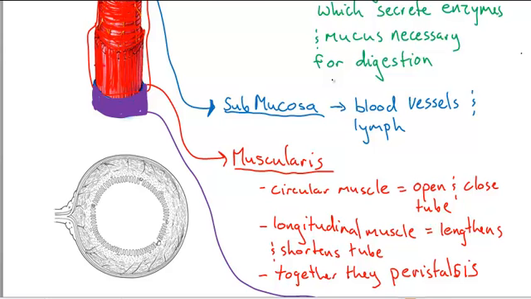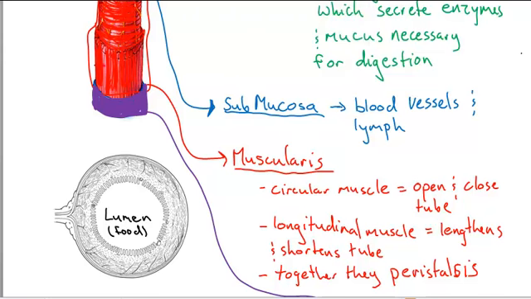So we'll just go back up here for a second and show you this same picture, just looking at a cross section. If we were to cut through the tube, we would see the lumen. This is the space where the food would be.